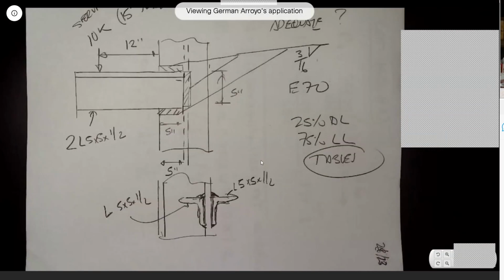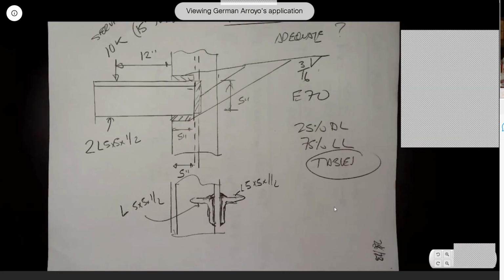So I had put a front view of this to show that both of the angles are on the same flange. So both of them are in the same flange. So I'm going to use 50%, 50% of the load. So there's no need to use the total load.